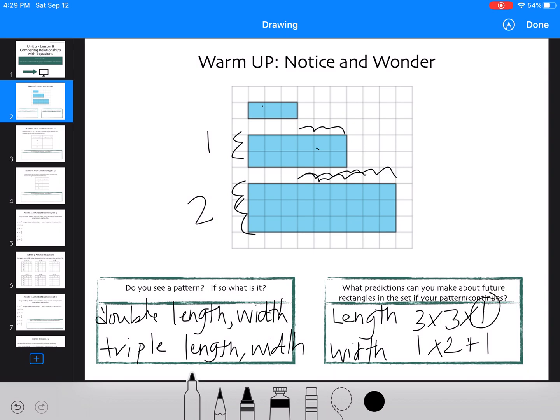Because the width would be multiplied, and then you would have to add something, so it wouldn't necessarily be a multiple on the width, it would be an addition, right? Because it's the second one plus 1, and then it would be the third plus 1, the fourth plus 1.